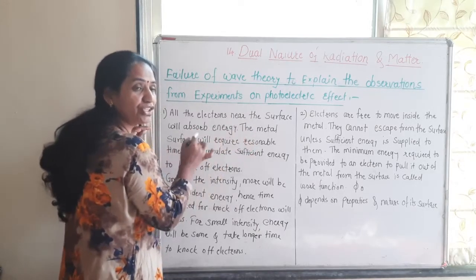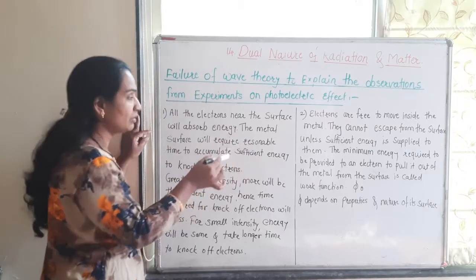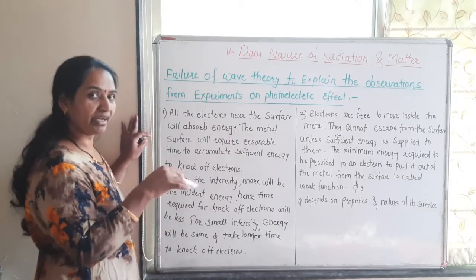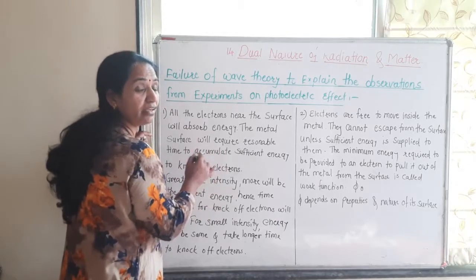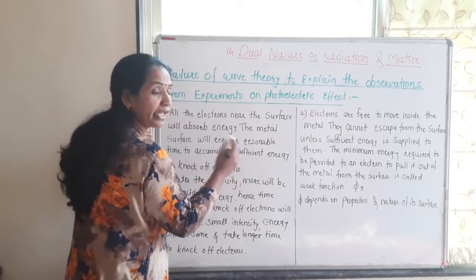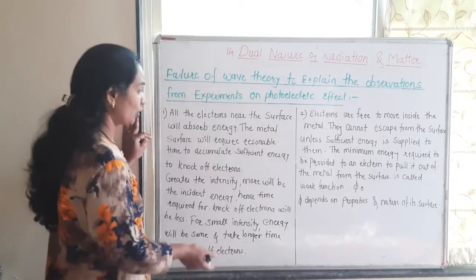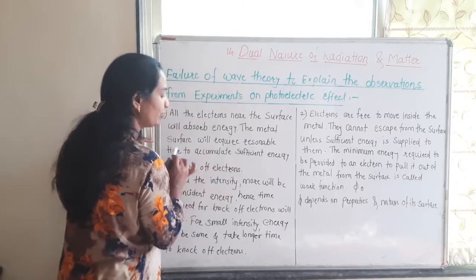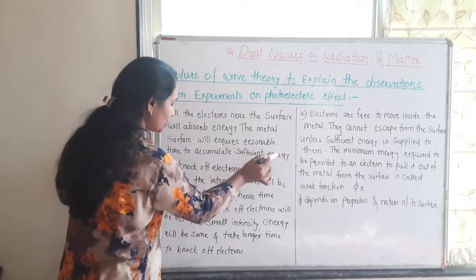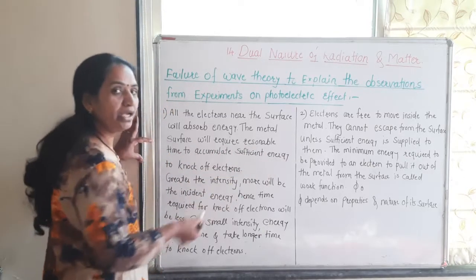They take sufficient time, and after sufficient time they get sufficient energy, then they knock off the electrons. The metal surface will require reasonable time to accumulate sufficient energy to knock off the electrons.